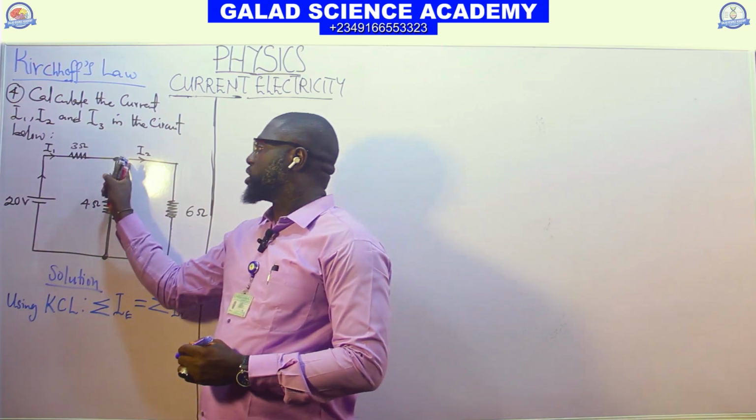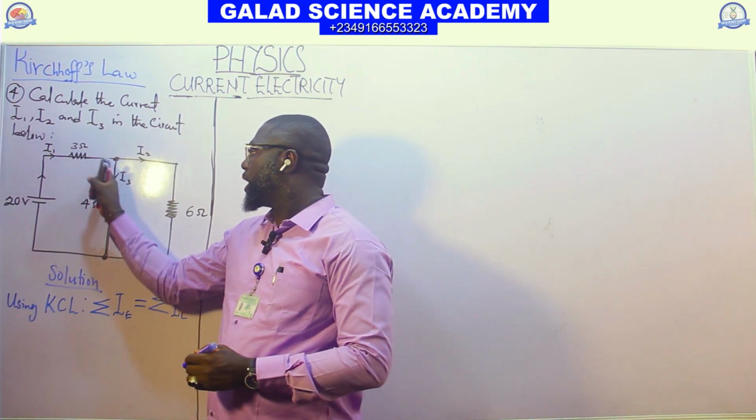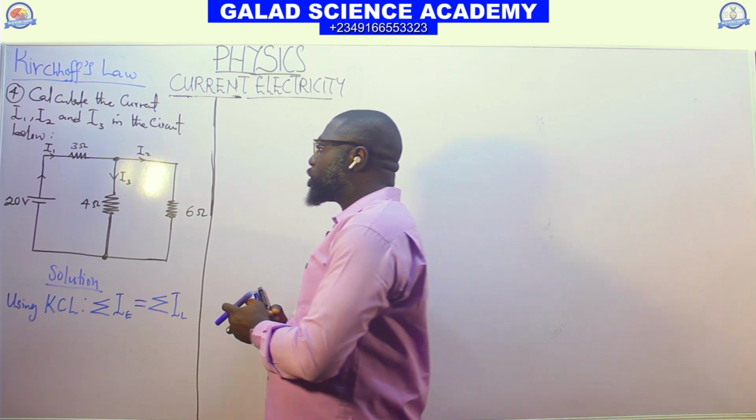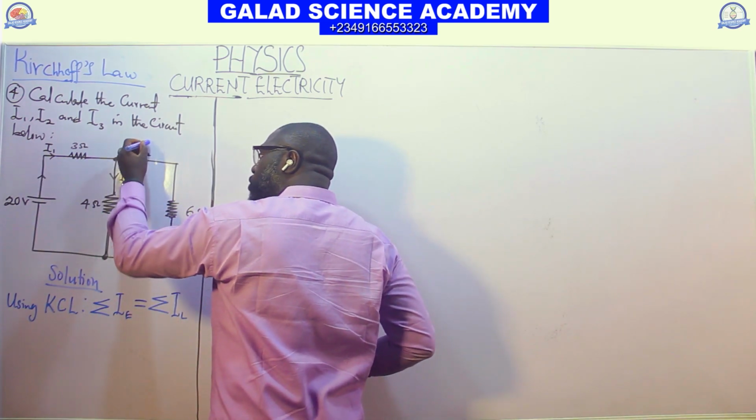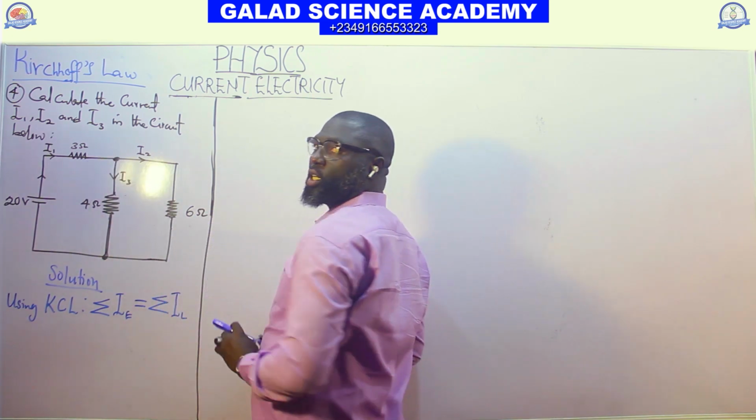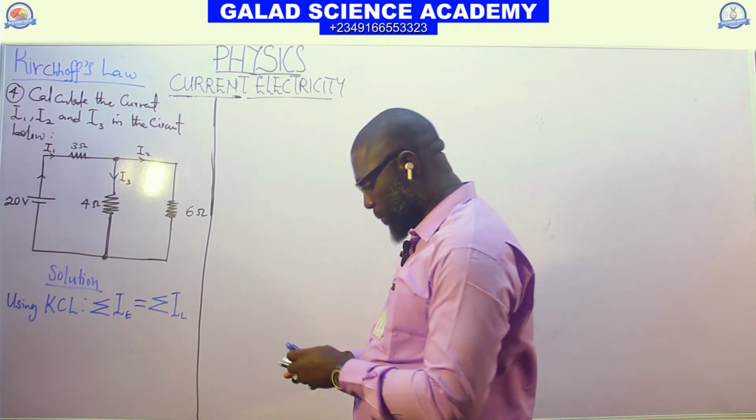So this is a junction here. Note, this current I1 is going to the junction. Currents I2 and I3, they are leaving the junction.